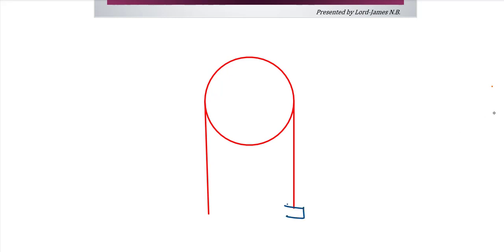So here I have mass P, which has a mass of 2m, and here I have mass Q, which has a mass of m. So definitely the radius of our pulley is r and the mass is 2m.